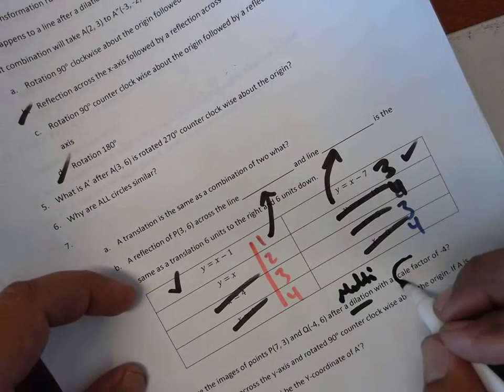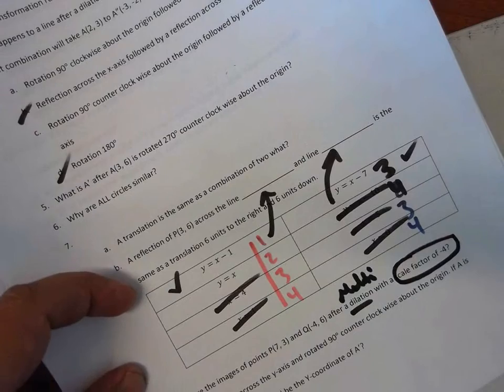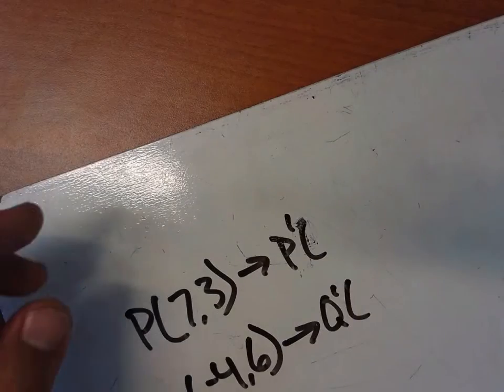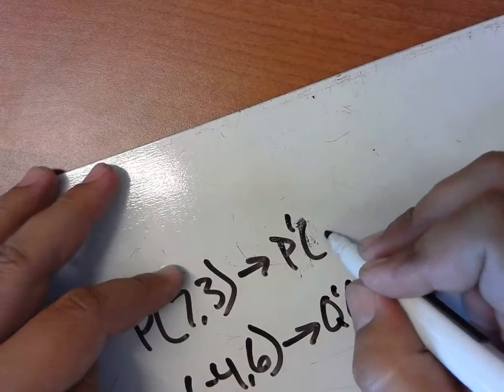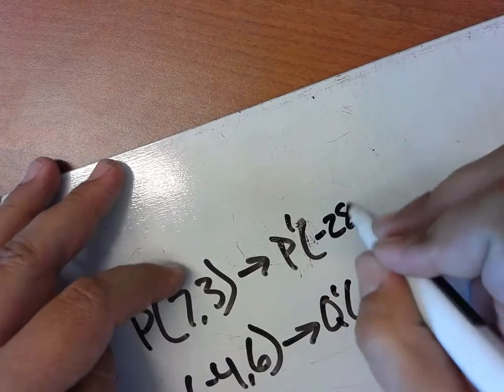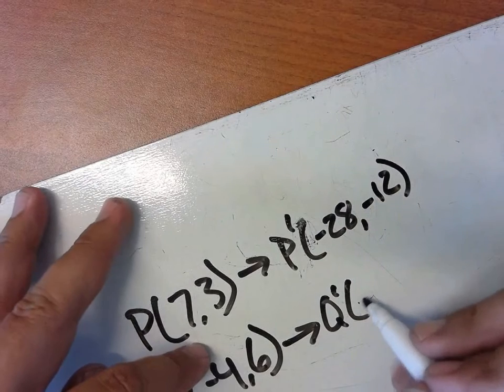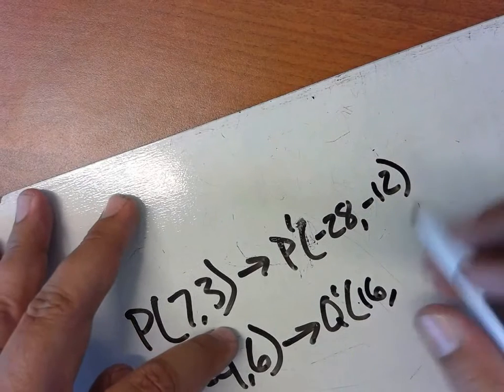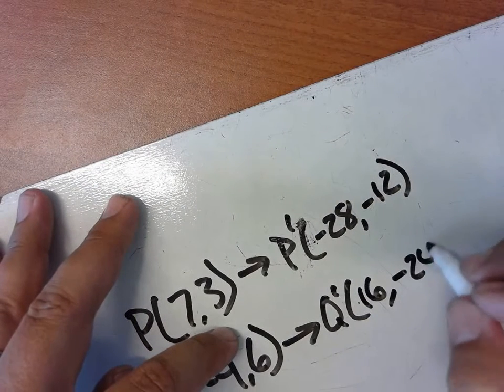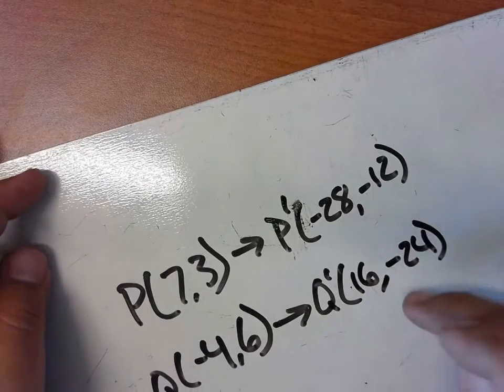What are you multiplying by? Your scale factor, which is -4. So if I multiply 7 times -4, you get -28. 3 times -4 is -12. -4 times -4 is 16. And 6 times -4 is -24. There's your answers.